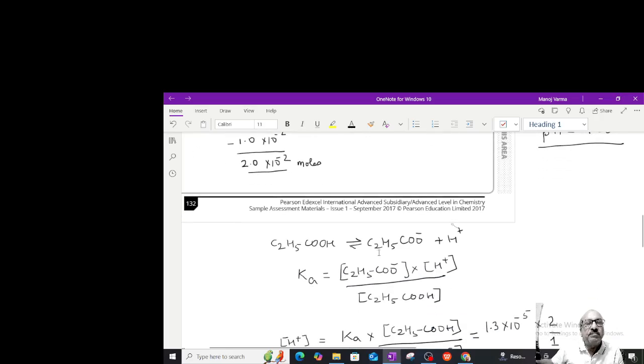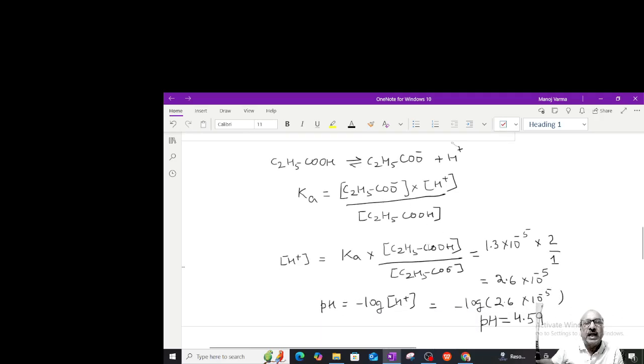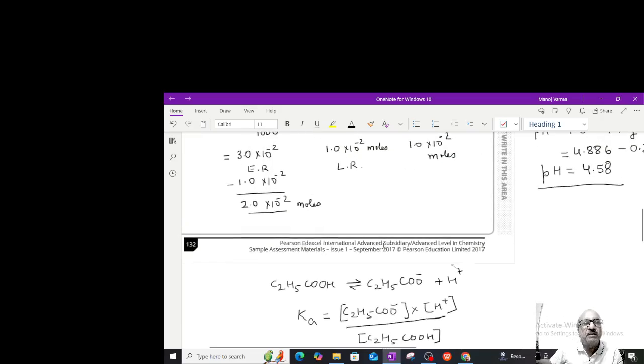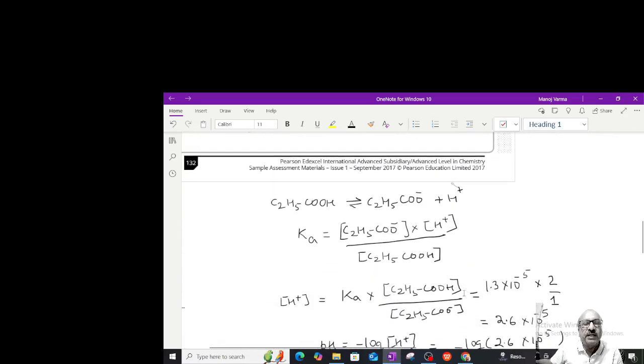Using the equilibrium equation for propanoic acid, you can write the expression for Ka, which is the products over the reactants, and rearranging to get the concentration of H+, you get Ka times the concentration of propanoic acid over the concentration of the salt. The value of Ka is given as 1.3 × 10^-5.